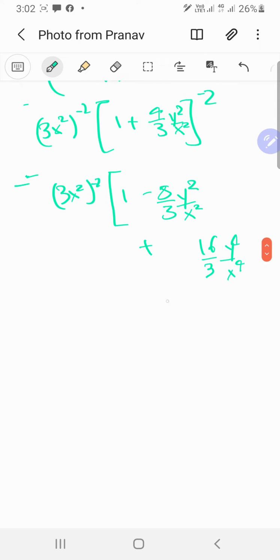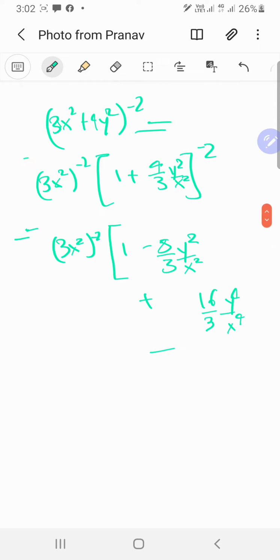And then what's the next term? So it's going to be negative, and it's going to be upon 3 factorial, which is just 3 into 2. And then on the top you will be having 2 into 3 into 4, right? So wait, 2 into 3 into 4, yeah, that's correct. So that will be like 6 into 4, so this cancels, so it's just 4 into whatever the next thing is.